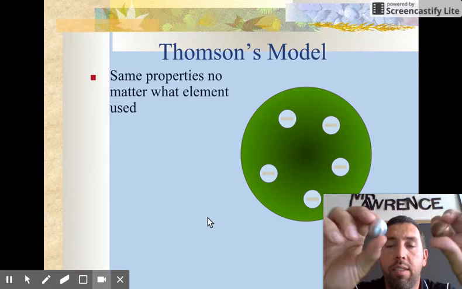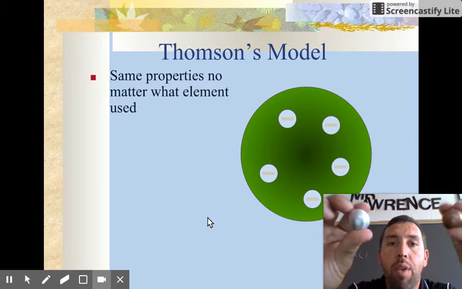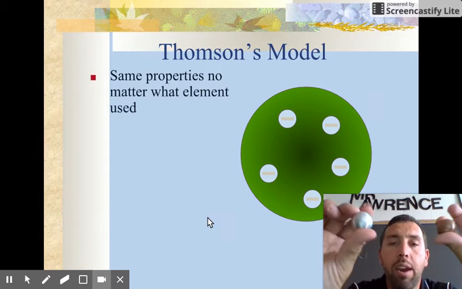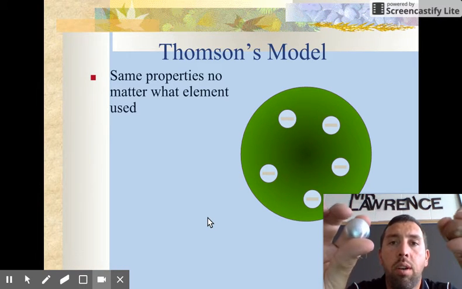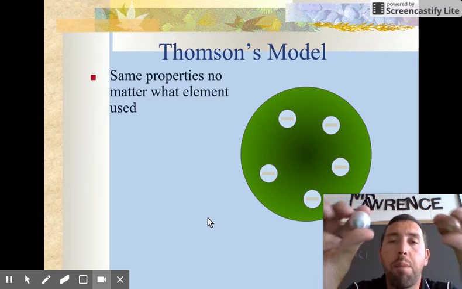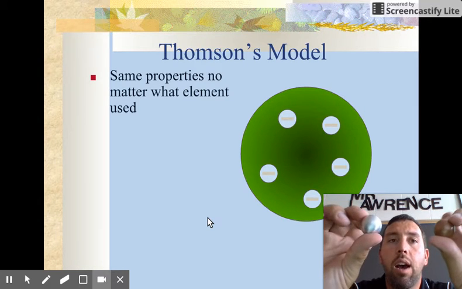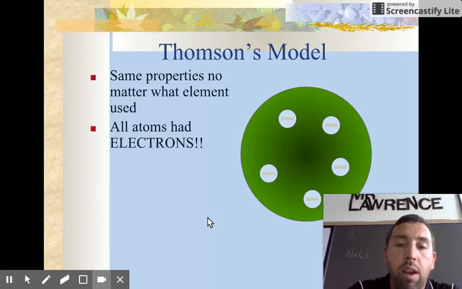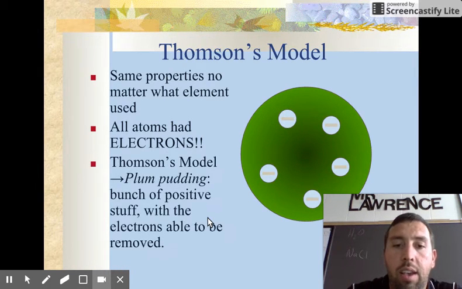They both were solid still, they both were tangible, and they both did not shock you when you touched them. They both appeared to have a neutral charge, and they both appeared to be uniform throughout. And so he realized that all atoms had to have electrons. And he came up with this idea of the plum pudding.